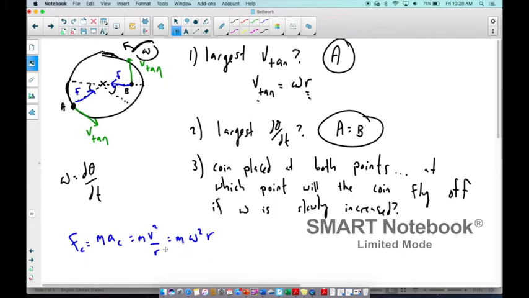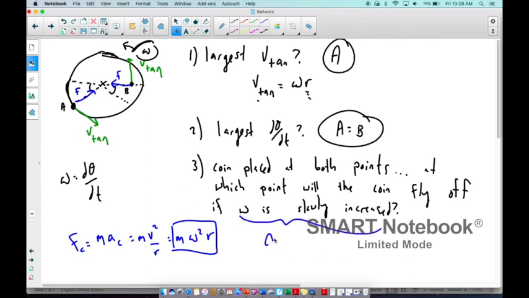So we can see that the centripetal force at any given moment in time is just going to be equal to this. So if we are slowly increasing omega, they're both going to experience the same omega change. Omega is changing the same for both objects. By the way, if we're increasing omega, what do we have now?